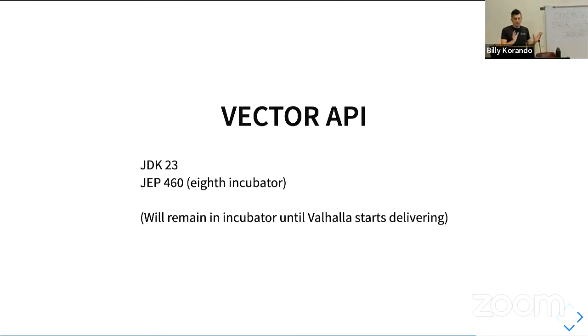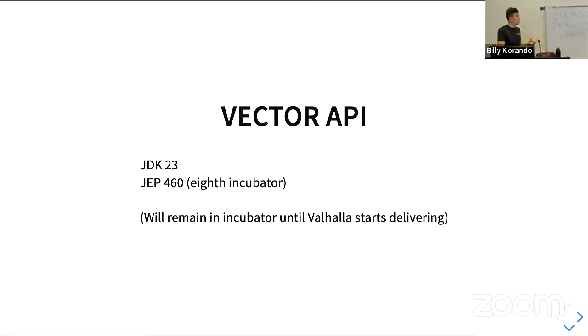Anyways, the vector API will remain in incubator status pending Valhalla starting to deliver, or at least getting its deliverables into preview status, because it will so fundamentally impact the vector API.